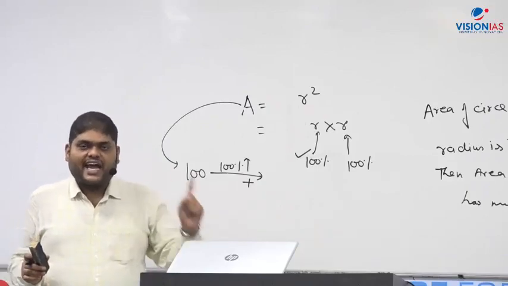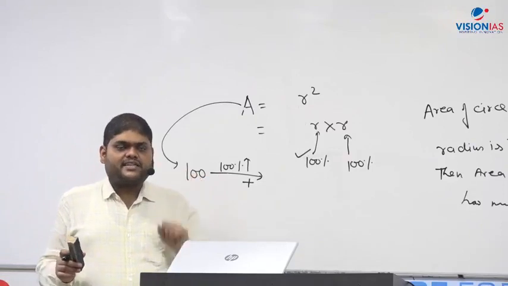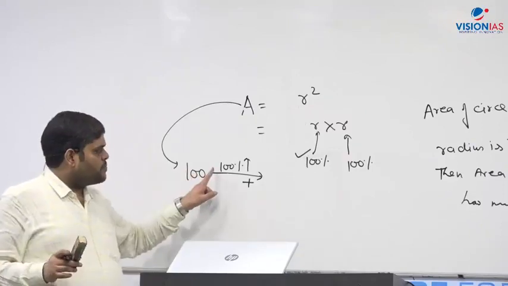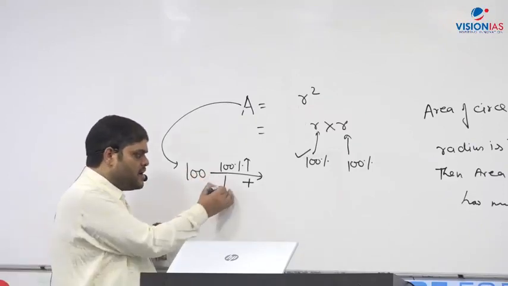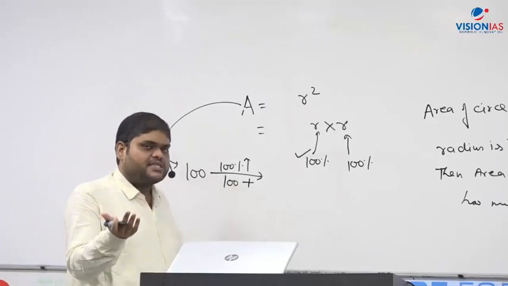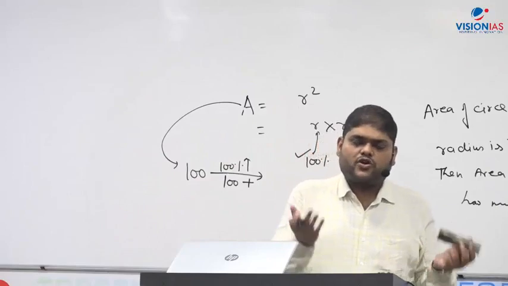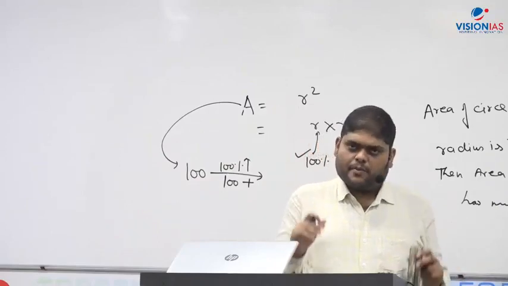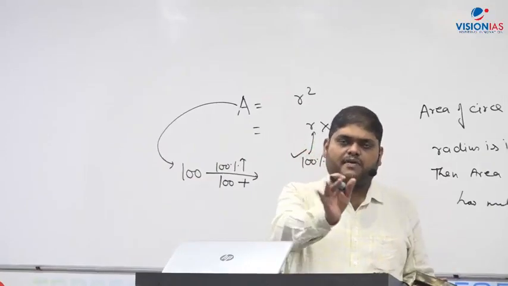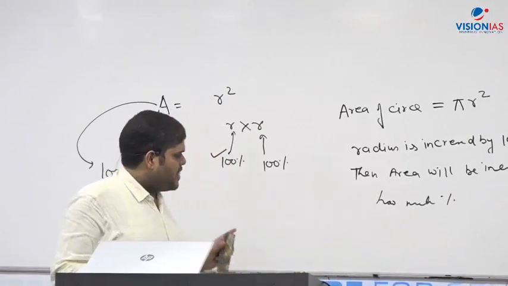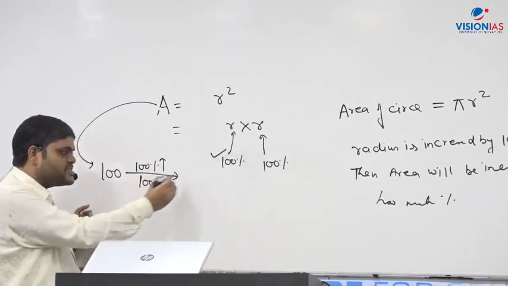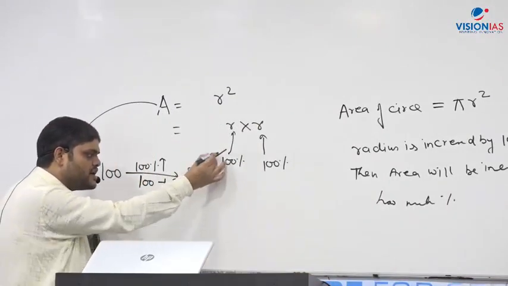So 100% of 100 will be 100, 100% of 500 will be 500, 100% of 400 will be 400. So when you increase by 100%, that number becomes 200.